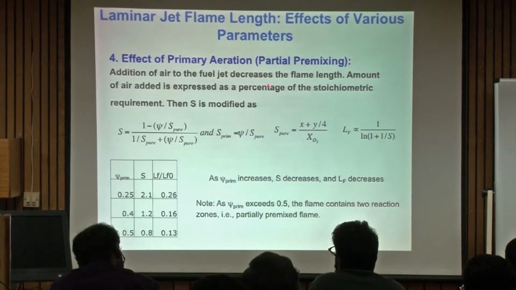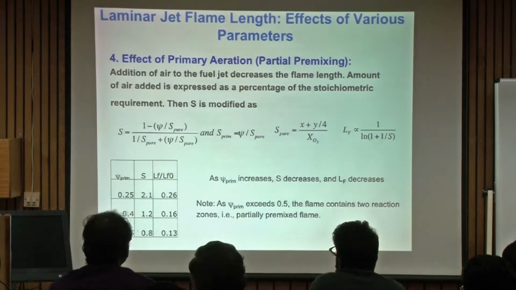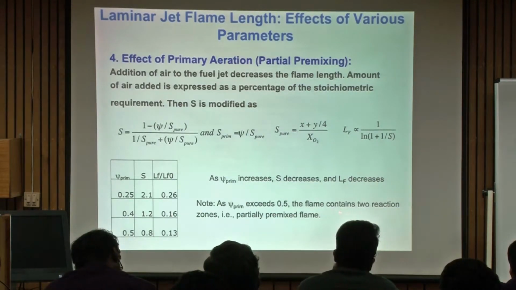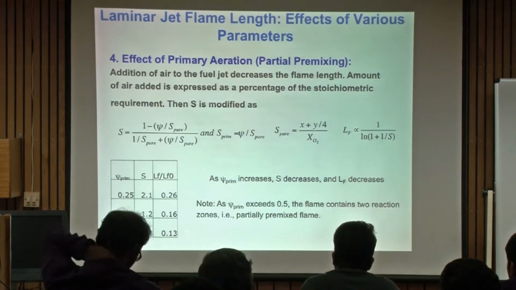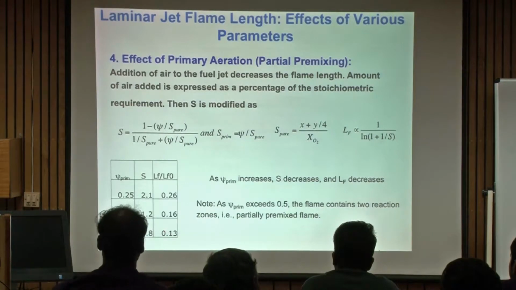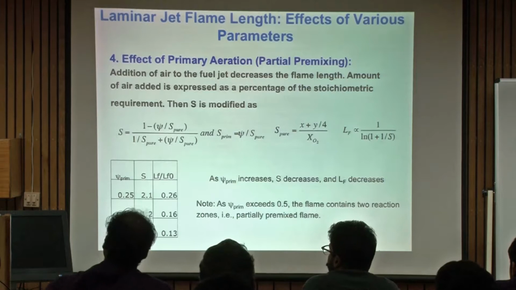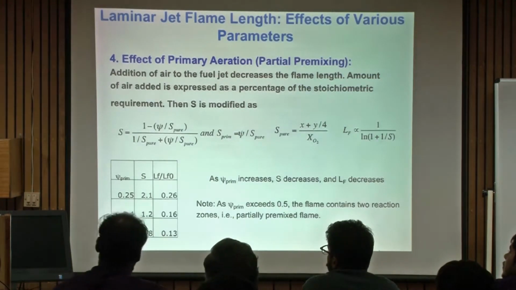So, as a percentage of the stoichiometric requirements, if you add 40% of air, as a percentage of the stoichiometric value, then the flame length is decreased by a factor of 0.16. Now, eventually what happens as you keep adding more air, what will be the limit? Remember, you are adding air to the fuel jet.